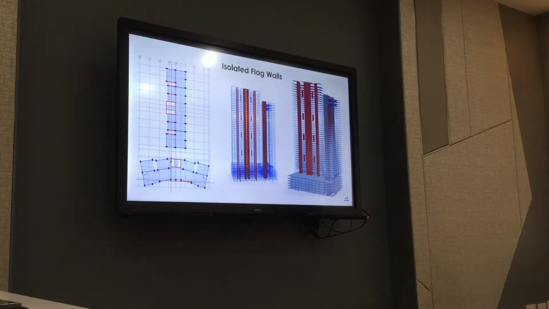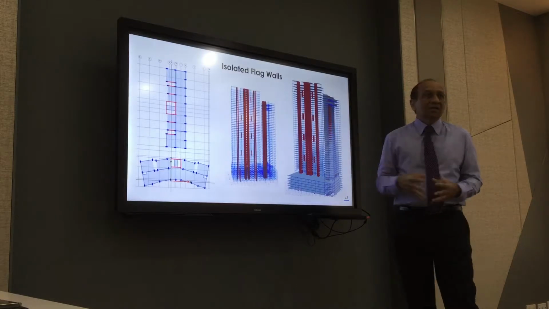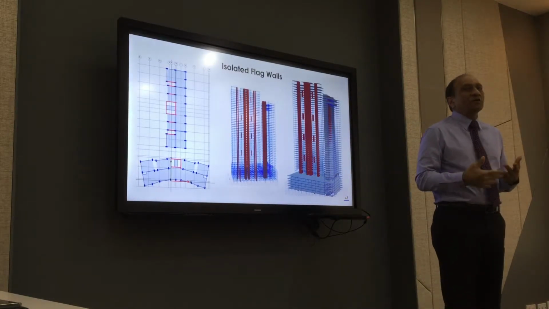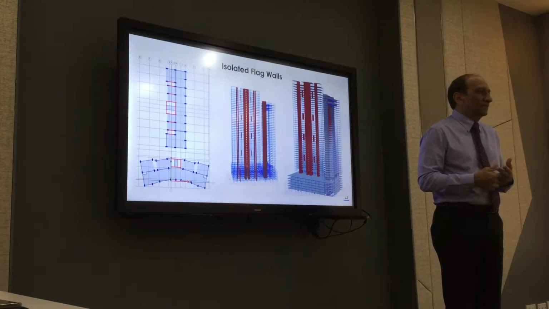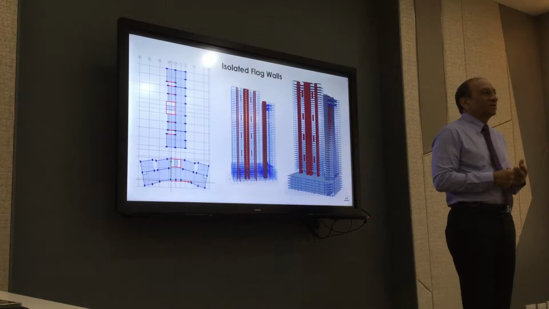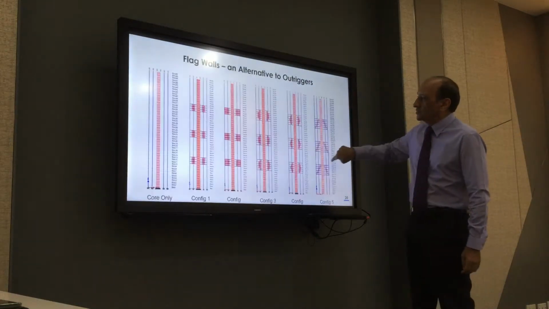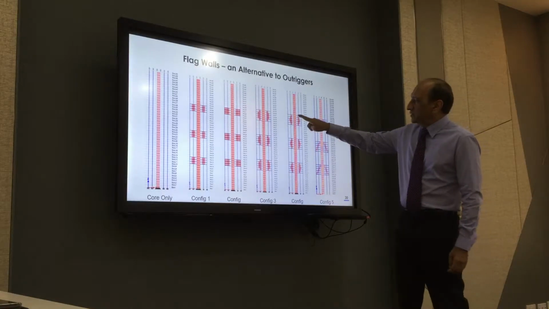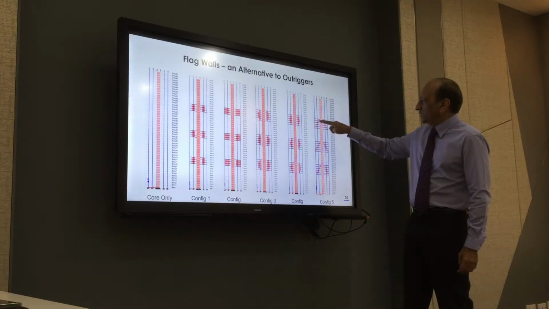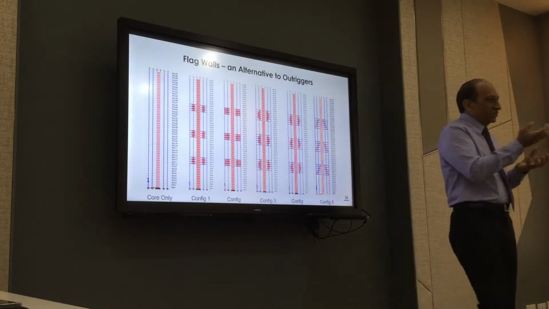So the use of these ideas is a little bit new, but the important thing is to understand how to do this, where to place them, which is the most effective location, and what the issues are with having these walls. Because one of the issues found by the researchers is this connection. They said the connection between this one and the slab is something that attracts a lot of forces, so it needs to be designed.